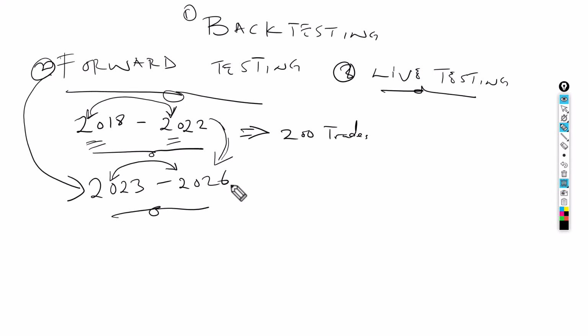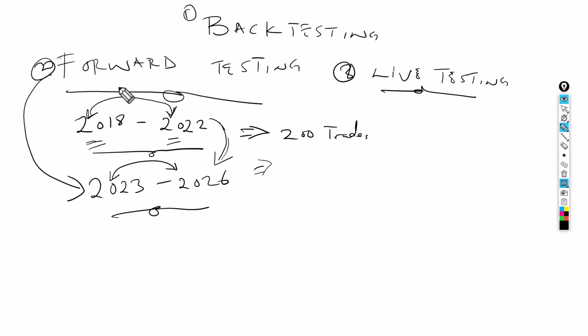Now, if you want to forward test this trading strategy and you don't want to use historical price data because you want to try it out on a demo account, the problem is that for you to take a statistically significant number of trades with that particular strategy, maybe 100 trades or 200 trades, you're going to have to wait maybe a couple of years, and within that time period you're obviously not going to be making any money because you're just testing that trading strategy to find out if it's even profitable to begin with.